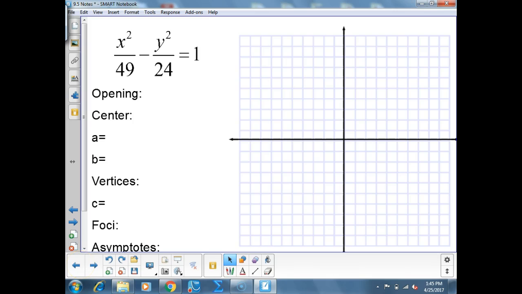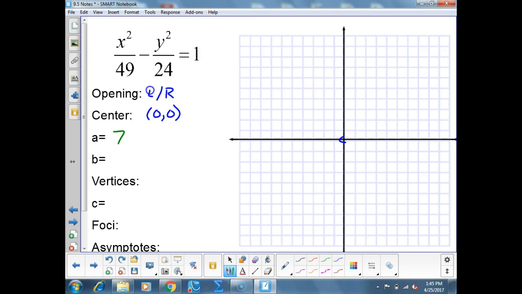All right, it opens left and right, right? Okay, center. The origin. Okay. a value. 7.